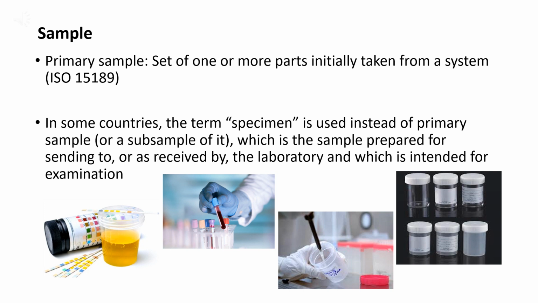However, in some countries, the term specimen is used instead of primary sample, which is the sample prepared for sending to or as received by the laboratory and which is intended for examination. So there are various samples, for example, urine sample, blood sample, sputum sample, stool sample. However, the word specimen and sample may be used interchangeably.